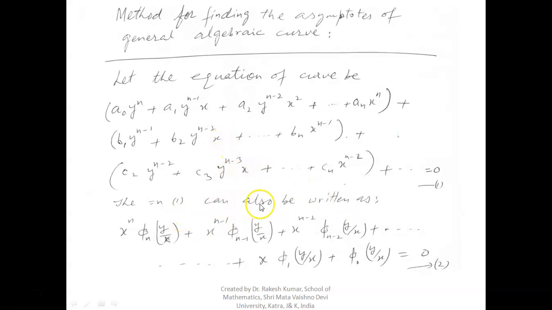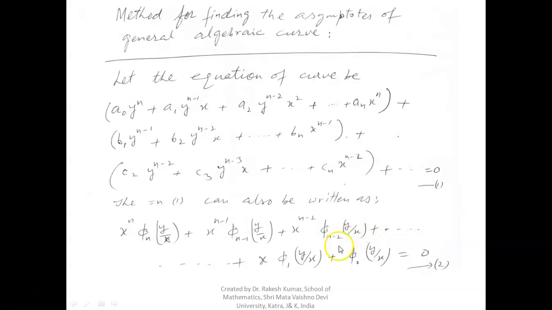The equation 1 can also be written as follows. If I take x^n common, what will be inside? y upon x terms. I am just writing all those terms as phi n (y/x). Then similarly, if I take x^(n-1) common from here, I get x^(n-1) phi n-1 (y/x), a polynomial of degree n-1.